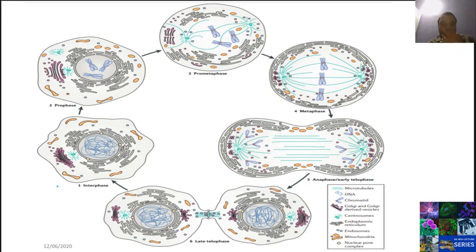In this slide, you can see the changes in each stage of the cell cycle. Here in interphase, you can see the nucleus and the ER. The ER is located very near to the nucleus with some attachments to the nucleus here and there.